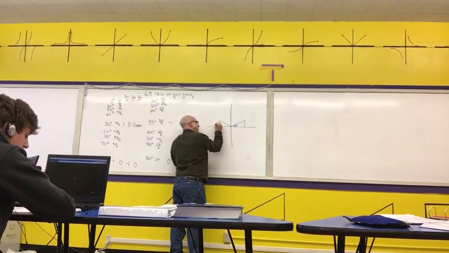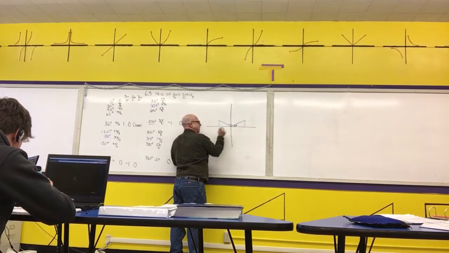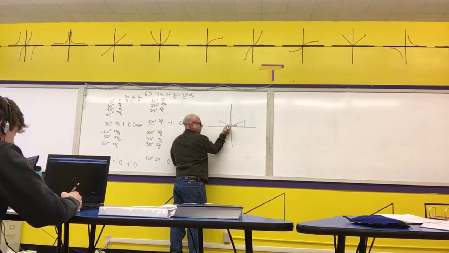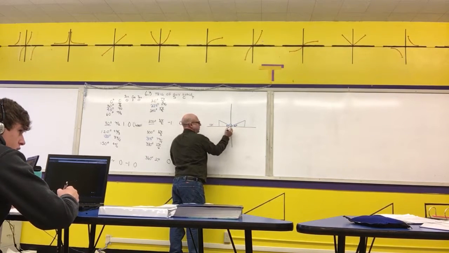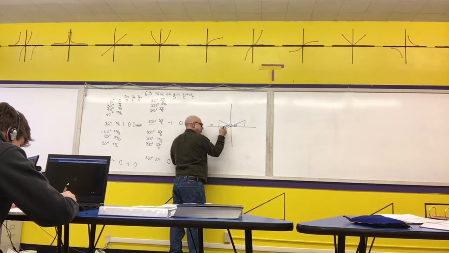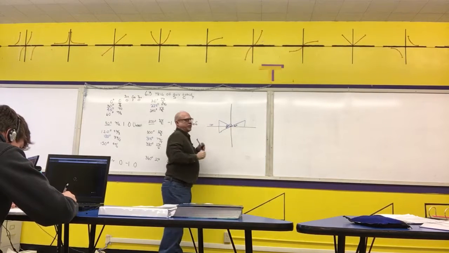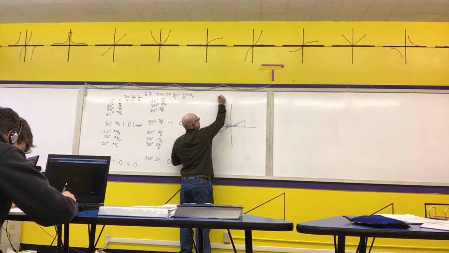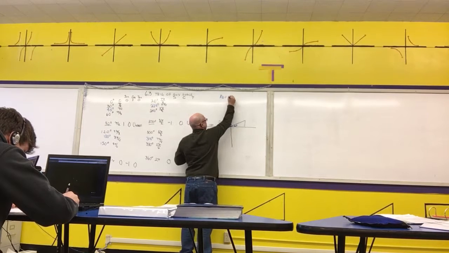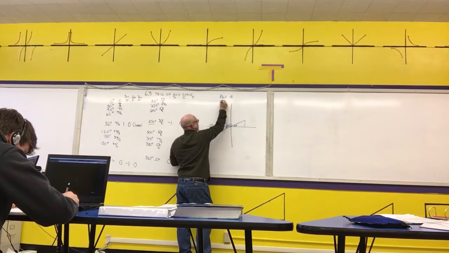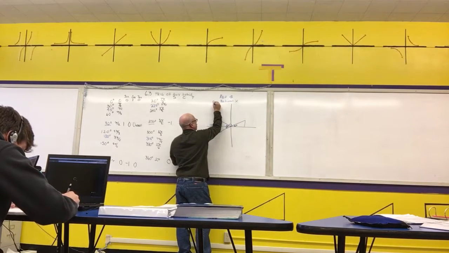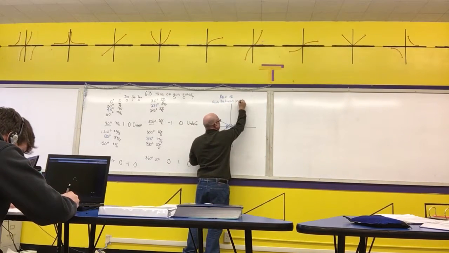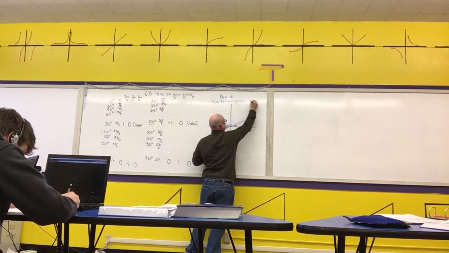Notice that 150 degrees, what's this angle right here? 30. So this one is 150. If I come down here to 210, what's this angle right here? 30. That's the reference angle. Our reference angle is the acute angle between the x-axis and the terminal side.